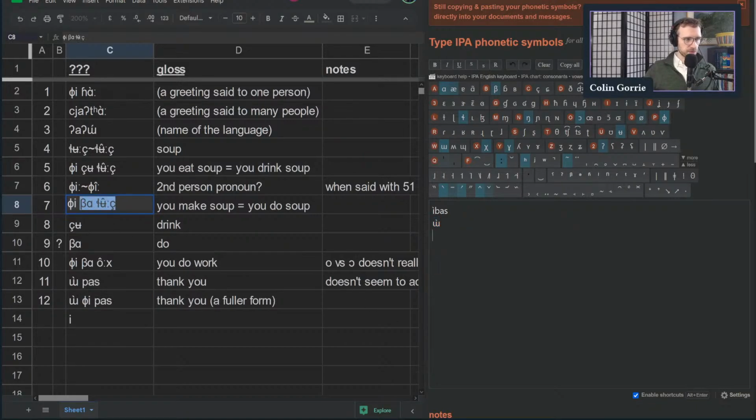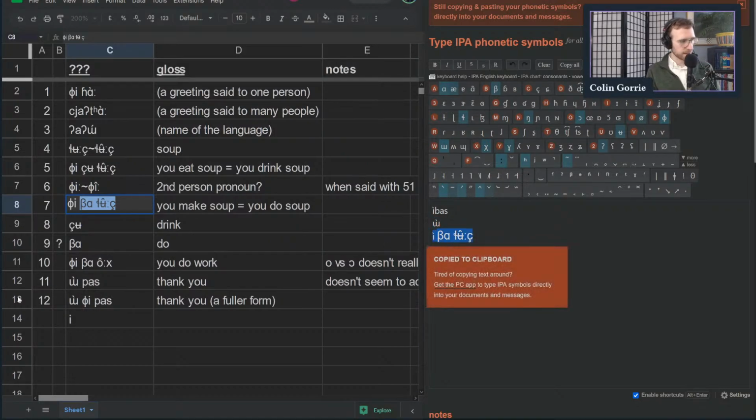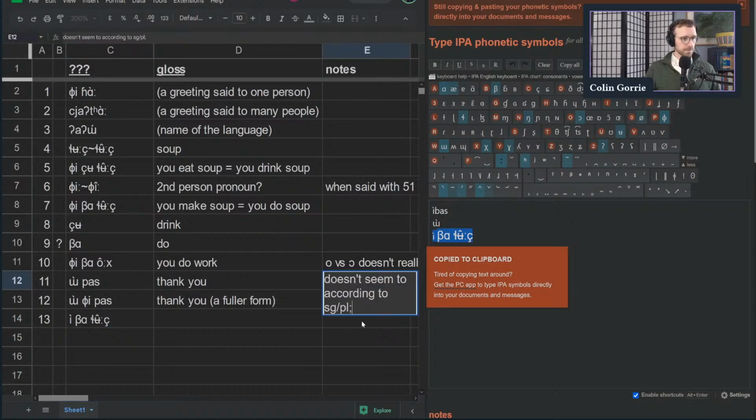So I make soup sounds a bit different than the I in thank you. Well, you can say ibas, but I would say ubas more than ibas. But ibas is also understandable.